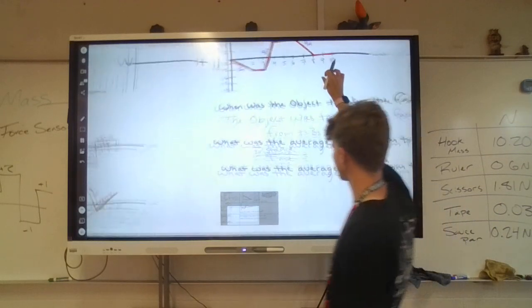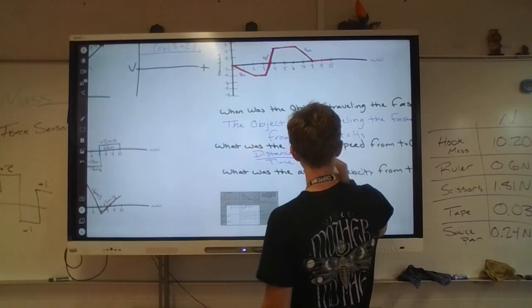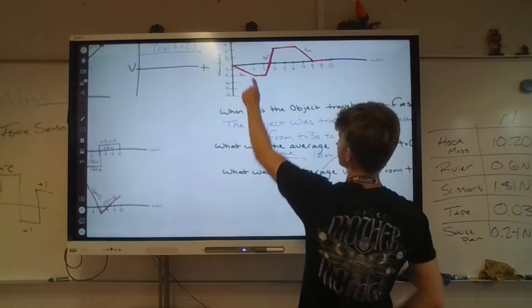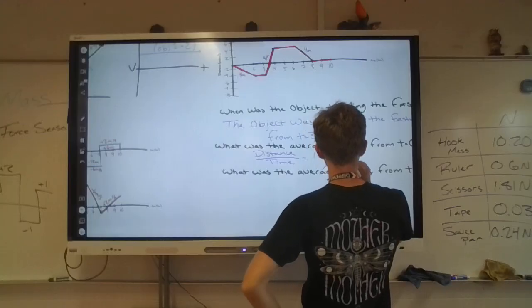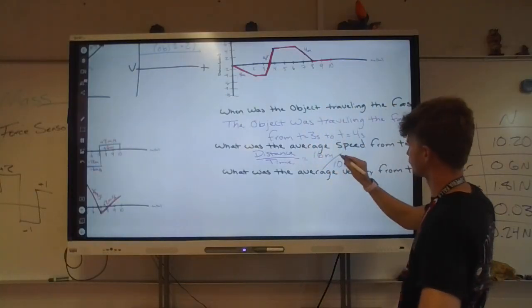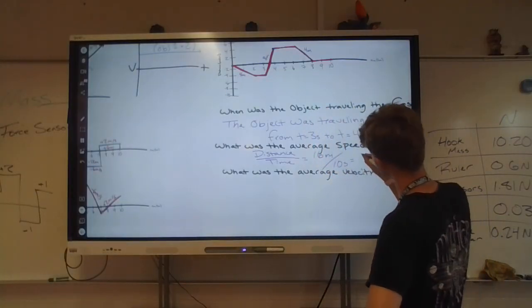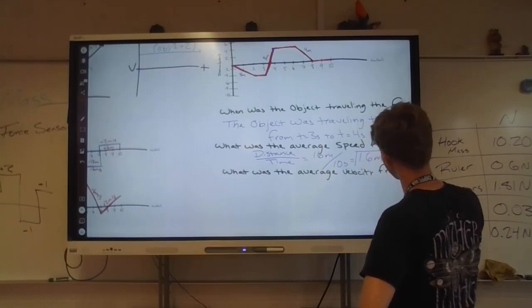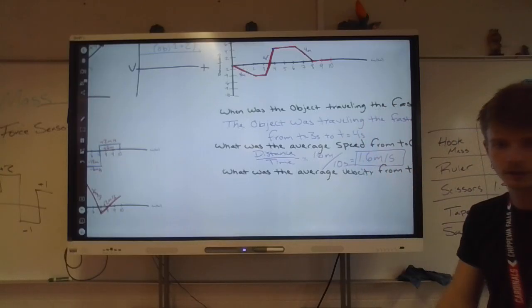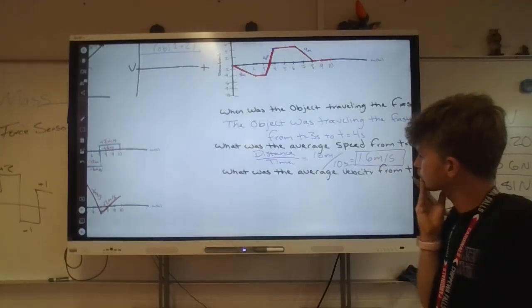So we traveled 16 meters in the time of 10 seconds. So our average speed for the entirety of this graph was 16 meters divided by 10 seconds, which is 1.6 meters per second. And I do not care about the plus or minus. Okay? Do not care about the plus or minus.